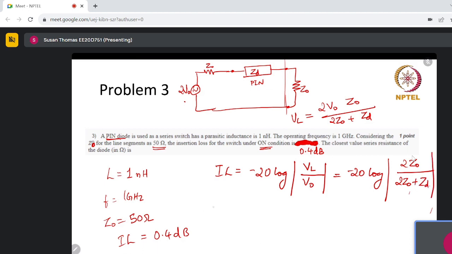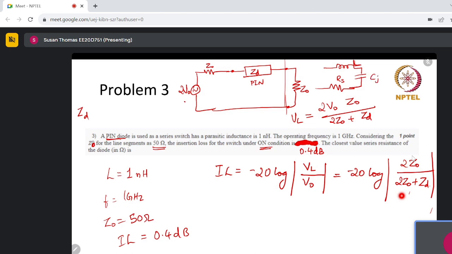Now what is ZD? ZD is the diode impedance, which will depend on the diode's equivalent circuit. If you remember, the diode has an inductance, a capacitance and a series resistance: RS, L and CJ.